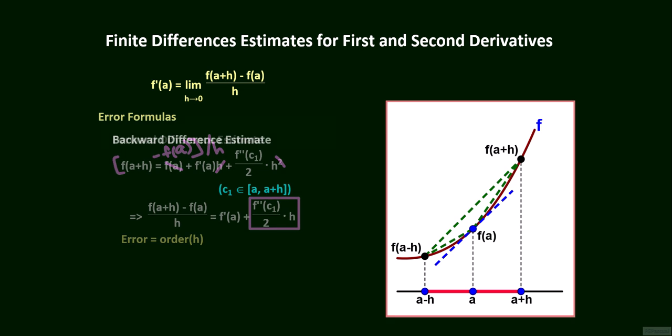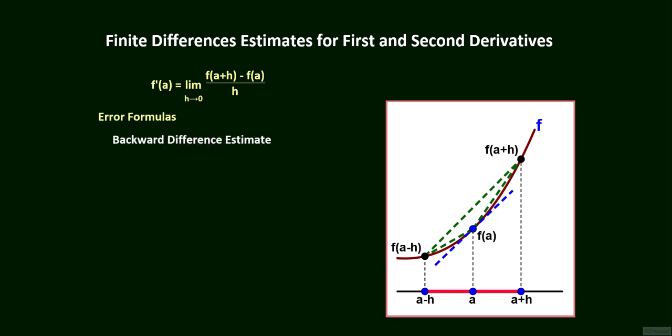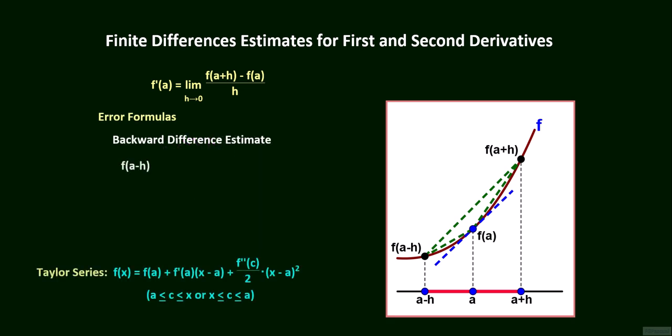The error for the backward difference estimate is similar. F of a minus h equals f of a plus f prime of a times x minus a, which this time is minus h, plus the error term f double prime of c sub 2 divided by 2 times the square of minus h. C sub 2 is now between a minus h and a.